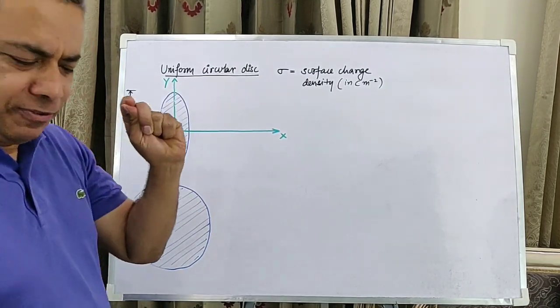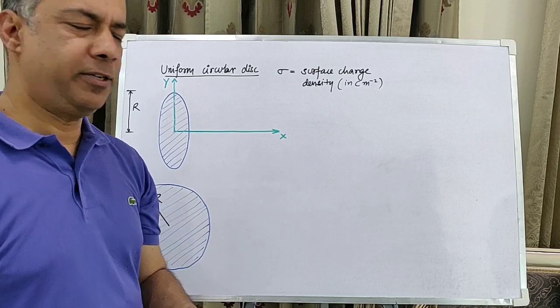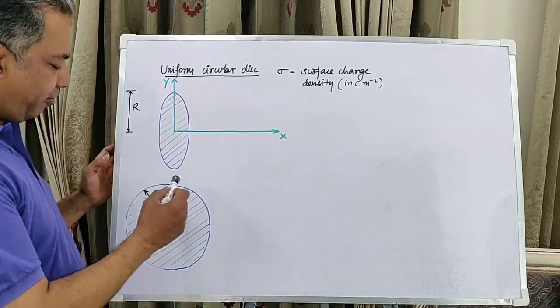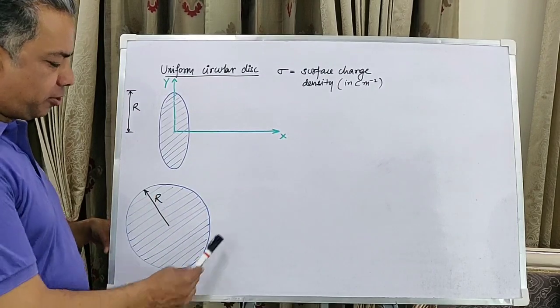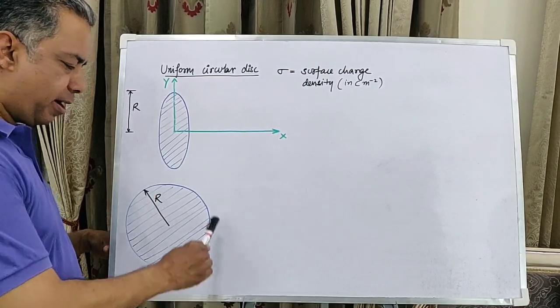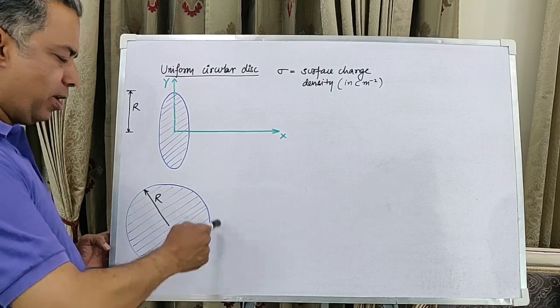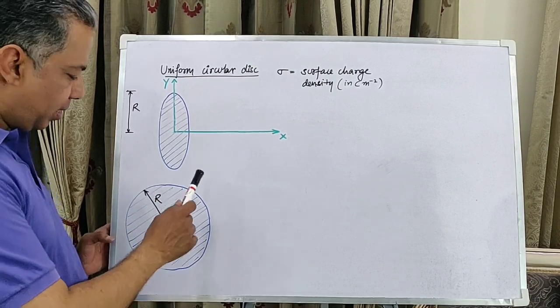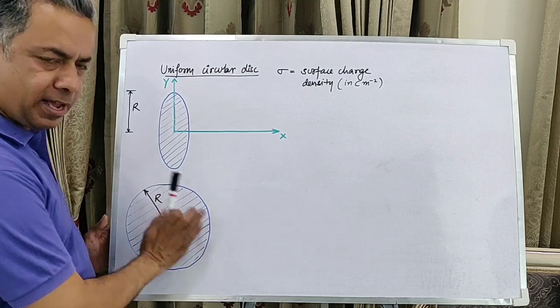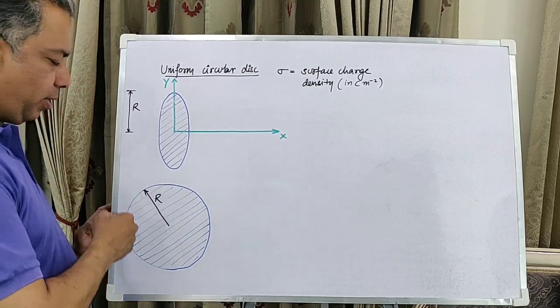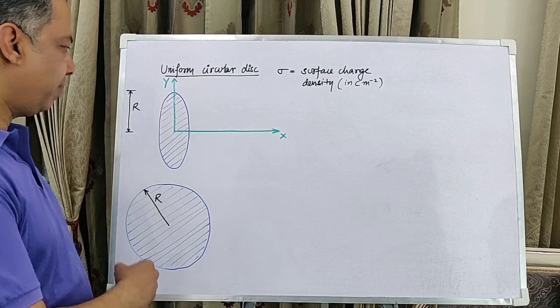The difference between a disk and a circular ring is that with a disk, the charge is distributed over the entire surface, whereas in a ring, the charge was distributed only on the circumference. So in a disk, the entire area has charge on it. In a ring, the charge was located entirely on the circumference.